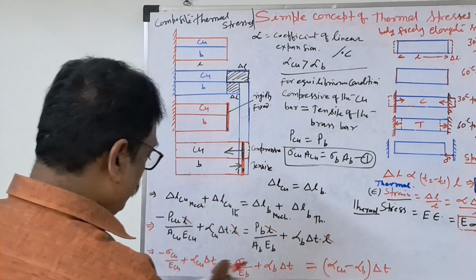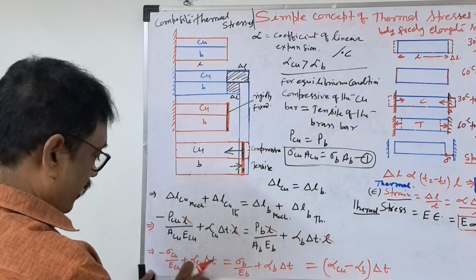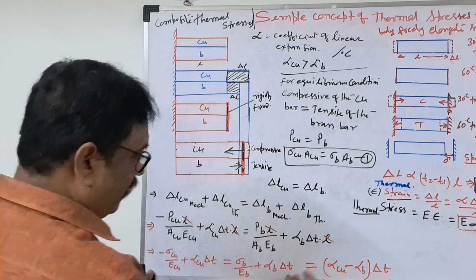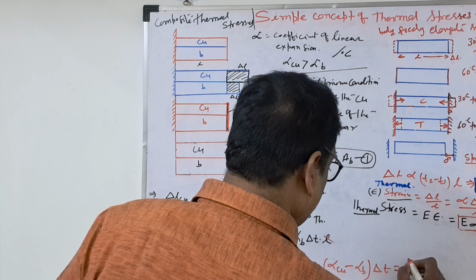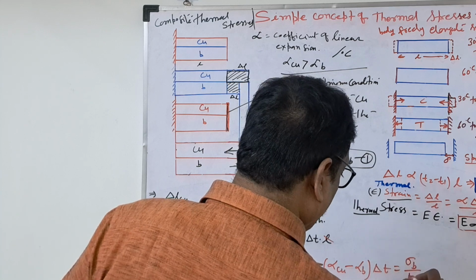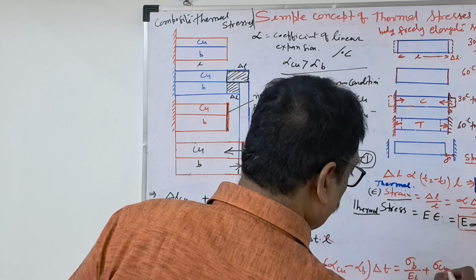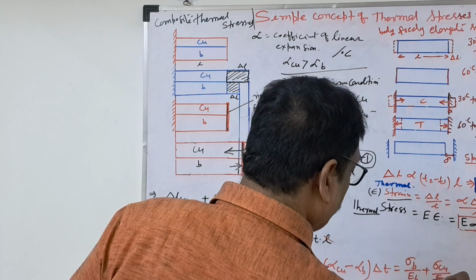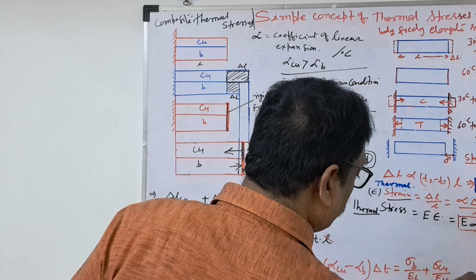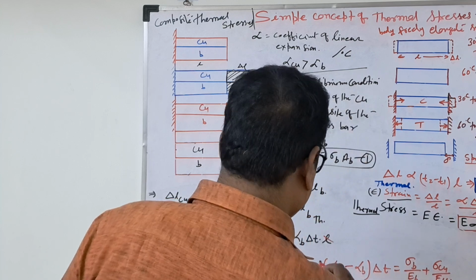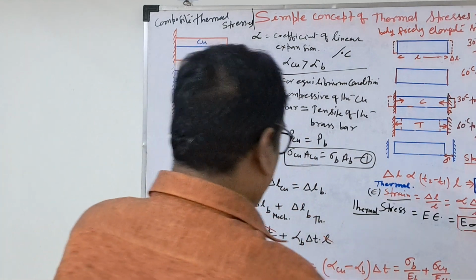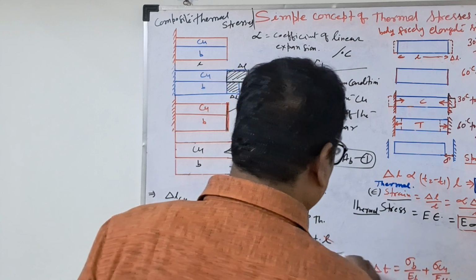So delta T will be common. This minus, bring this side, plus. So what will we write here? Stress of brass by E of brass plus stress of copper by E of copper. So this is the formula for the composite thermal stresses.